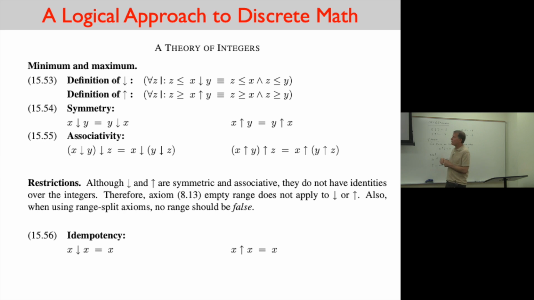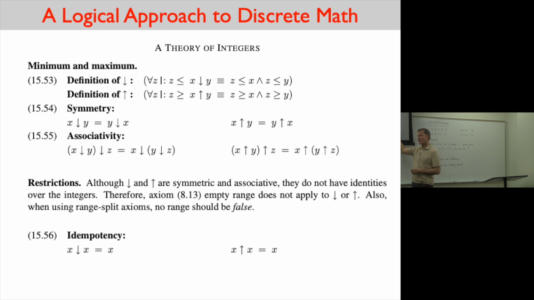So we'll start next time with taking a look at the definition of min and max. The definition of min is for all z, and the definition of max is for all z. It's weird that you use itself in its definition.